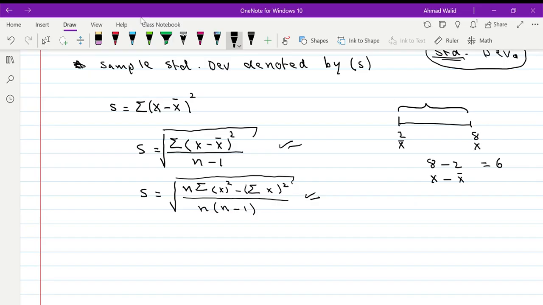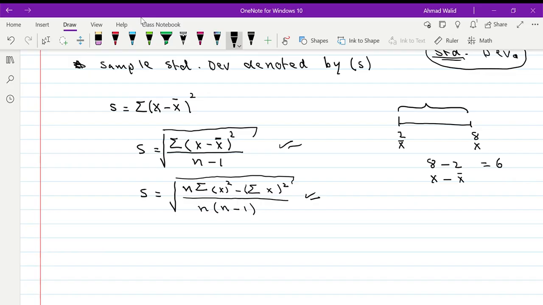What is the difference between these two formulas? Why do we have two different formulas to just find the standard deviation? In formula number 1, you see I'm using the mean. I have x bar in it. And in formula number 2, we are not even using the mean. Sometimes it's easier if they give you the mean of a data set, use it.